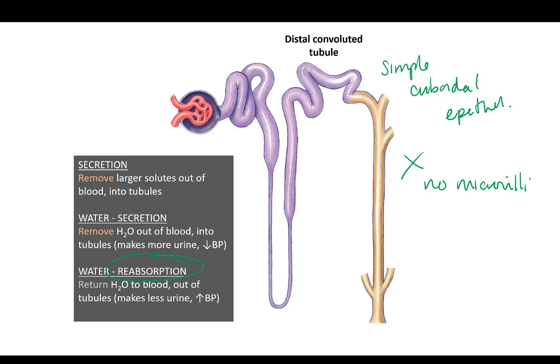We have reabsorption or secretion. Now remember, that was another question on the homework as well. Secretion means it's going from the blood into the tubule. That would be secretion. But reabsorption is going from the tubule and out to the blood. So you want to be very clear on the terms, where secretion means going into the tubule, where reabsorption means it's going out of the tubule but back to the blood.